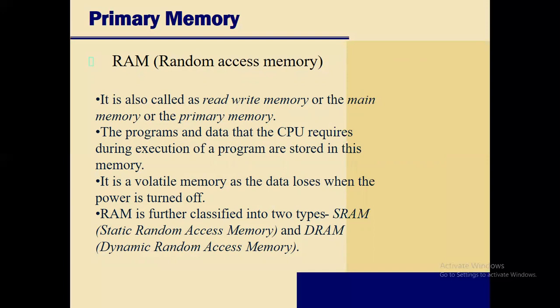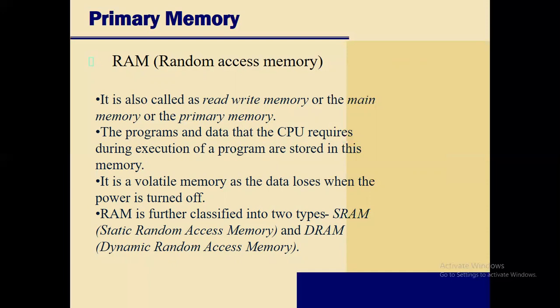So it is a volatile memory. Volatile means that something is going to evaporate, so the data will be lost during the turn off or shutdown of the system. When you are working on the system, at the time of processing and execution, some of your data or information is stored in RAM.